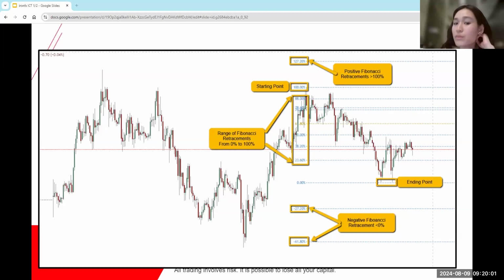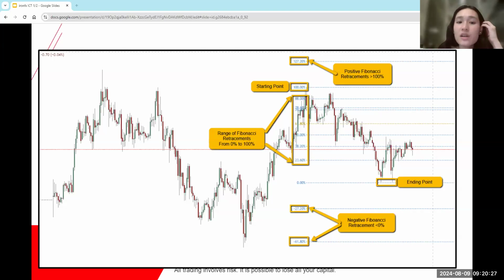Okay, so the mid-range we call our Fibonacci retracements. So that's the 0 to 100% range. And then for negative levels, so your minus 27.2 and the minus 61.8, we call that the expansion levels. Okay, and lastly, the levels that are greater than 100%, those are our extension levels.